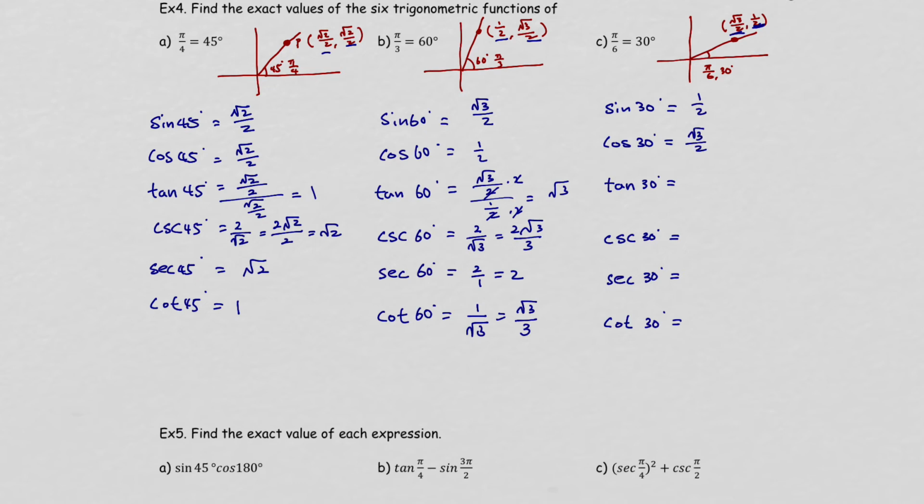So once you find the points, finding sine, cosine, tangent, and the other 3 trig functions is going to be the same as before. And secant, flipping sine, 2 over 1, 2. That's going to be 2 square root of 3, so that gives you 2 square root of 3 over 3. Cotangent is flipping tangent. So it will be square root of 3.